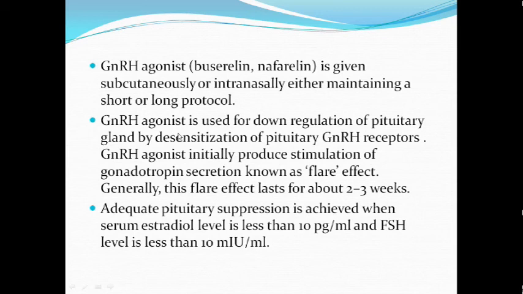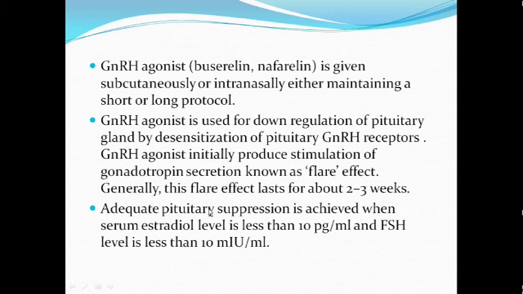GnRH agonist is used for down regulation, to suppress the pituitary gland by desensitization of the pituitary GnRH receptor. It initially produces stimulation of gonadotropin secretion, known as the flare effect, which generally lasts 2 to 3 weeks.